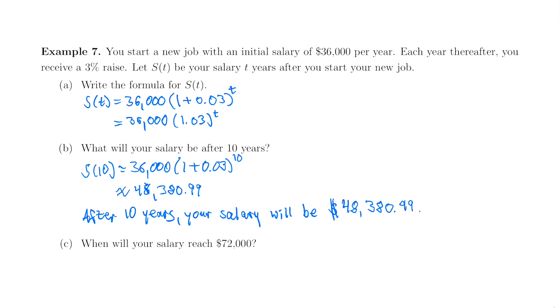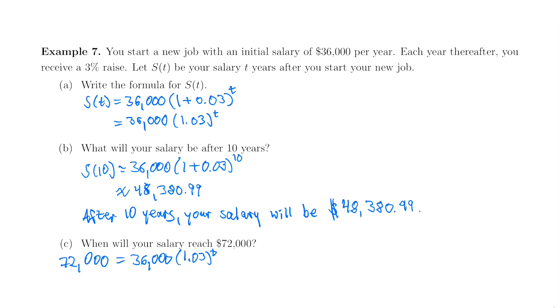Well, now we know the salary already, so this goes on the left side, $72,000, and our formula 36,000 times 1.03 to the t's power, right? Because we don't know when that will happen.